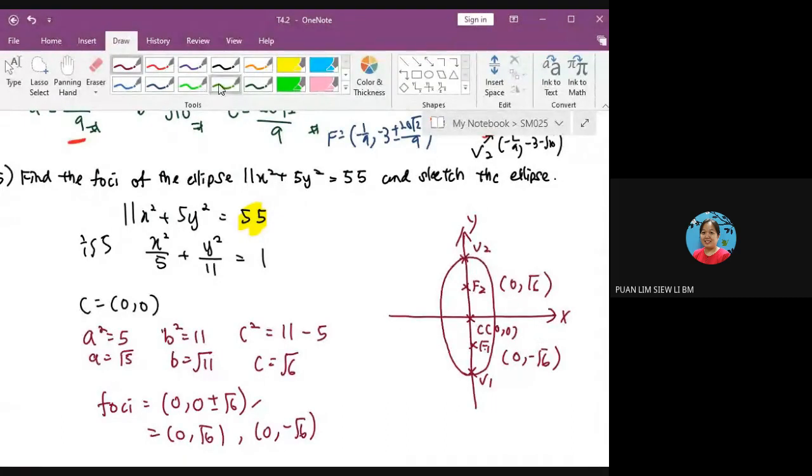So lastly, vertex kita, B dia set 11. So turun negatif set 11, siap. Okay, so siaplah kita punya ellipse. Soalan simple sebab equation diberi simple.